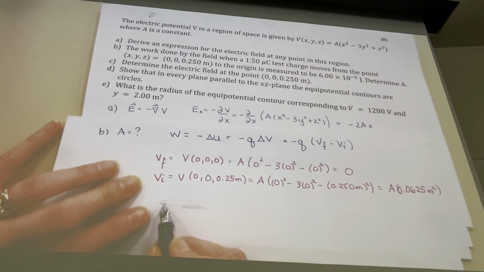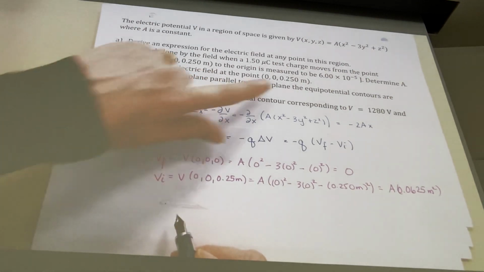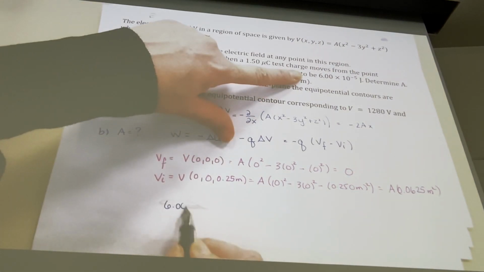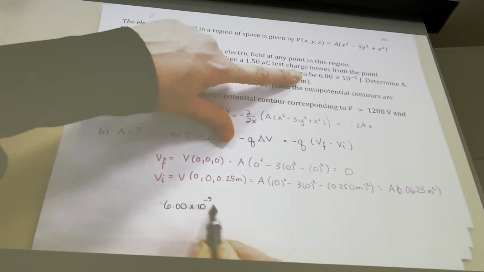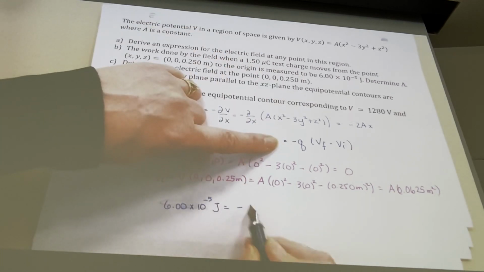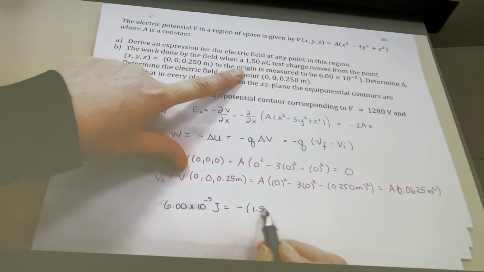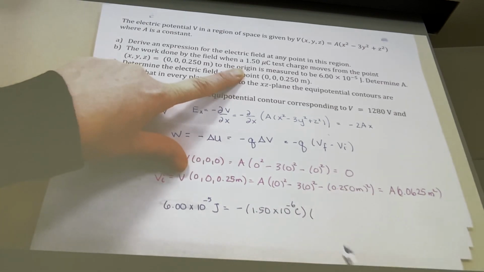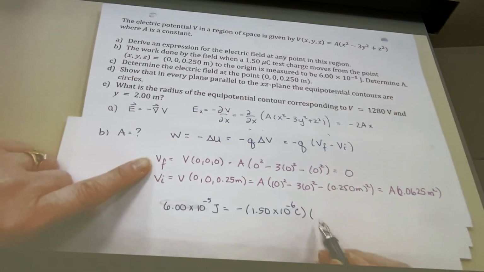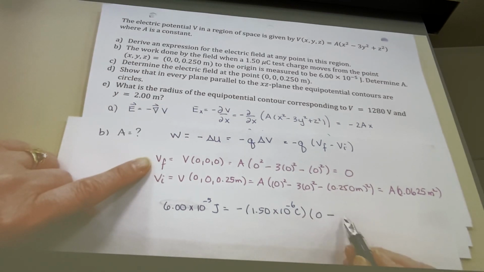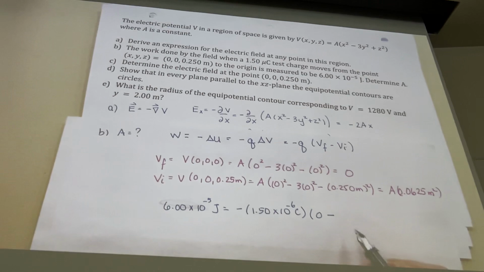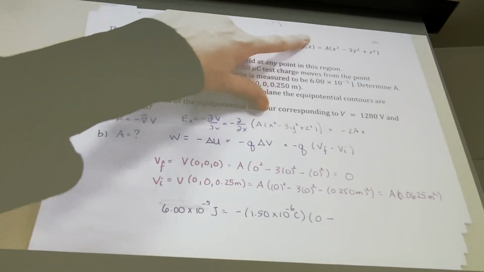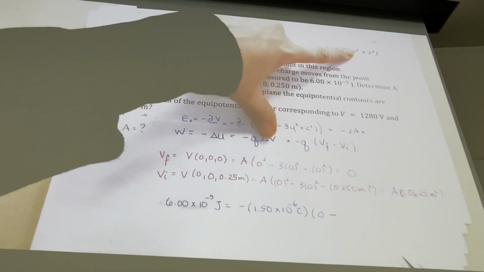So our work done is 6 times 10 to the minus 5 joules equals negative my charge 1.50 times 10 to the minus 6 coulombs times V final minus V initial. So 0 subtract. Oh, sorry, I made a goof when I wrote down my things. So you've got plus z squared here.